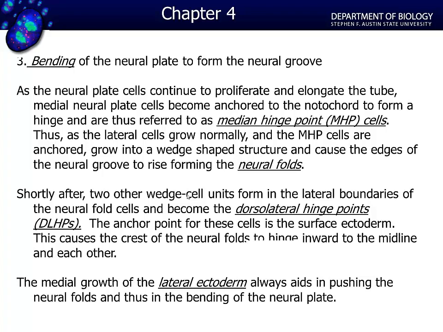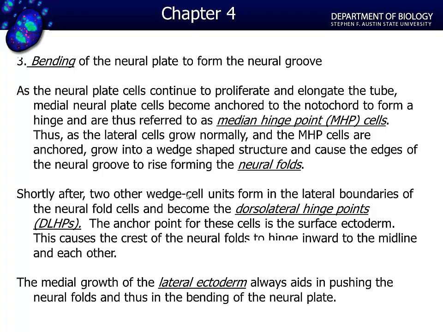They're anchored to the notochord, so they're not going to go anywhere. They're not going to get any taller. And so as the lateral cells get taller and taller and taller, this median hinge point is locked in place. And as these cells grow, they're going to create neural folds, getting larger and larger and larger, going straight up, maybe at about a 45 to a 50 or 60 degree angle.